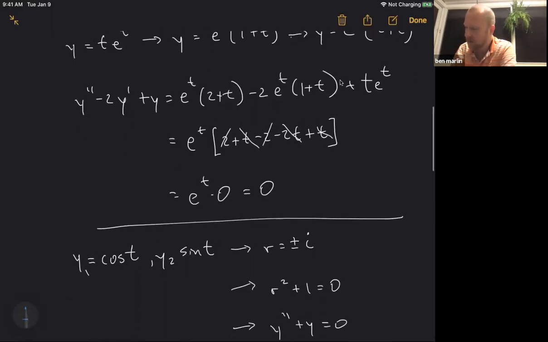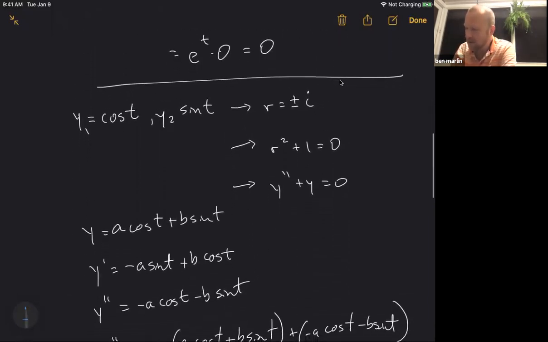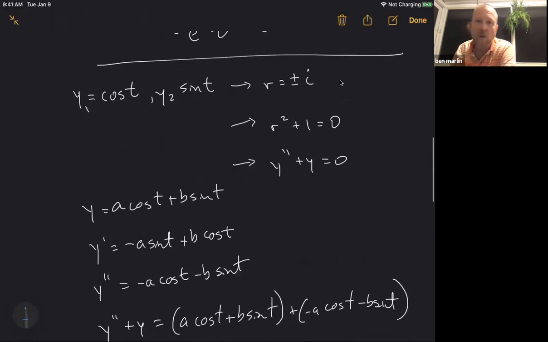Another bit to think about briefly is when we get complex roots. Your theorem tells you that when you get complex roots, and I will jot down here alpha plus or minus beta i, they always come in conjugate pairs.